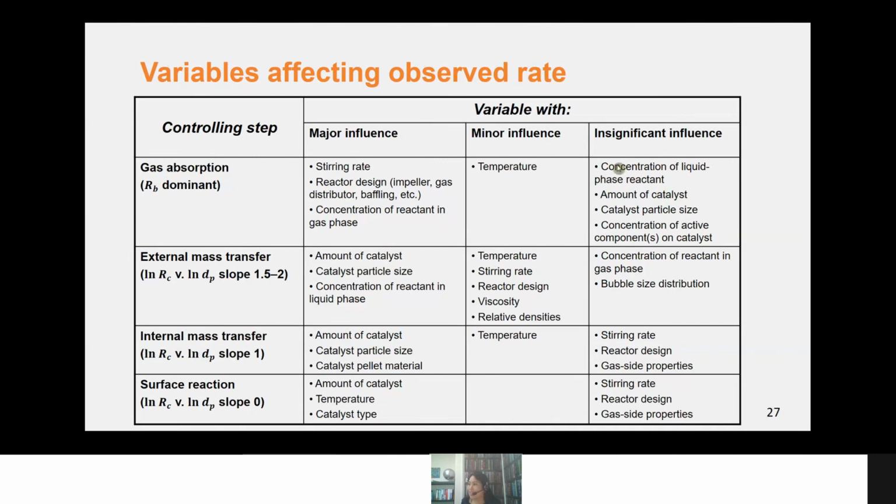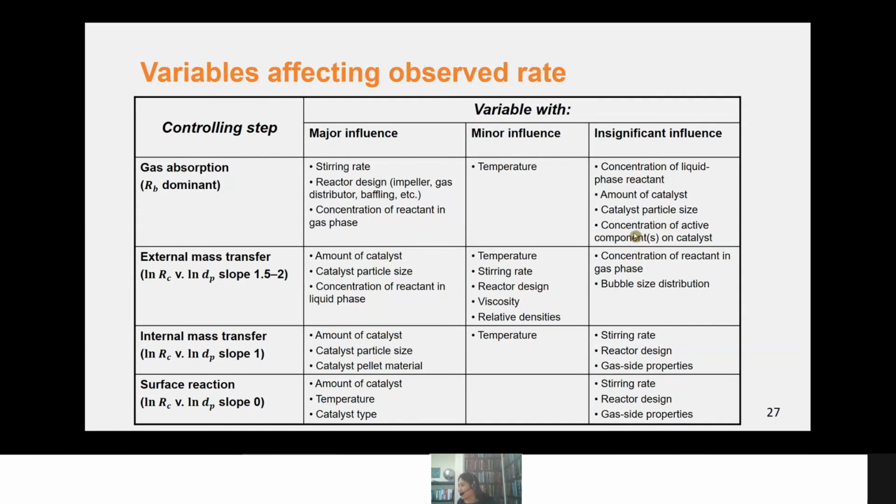Okay, and then finally here, in this column you have parameters that have insignificant influence. These are variables associated with the catalyst particles and liquid phase reactants, such as the catalyst loading and particle size. They have little or no effect on the overall rates, since the process is controlled by what is taking place in the gas-liquid interface.